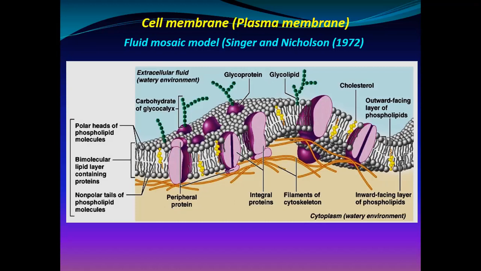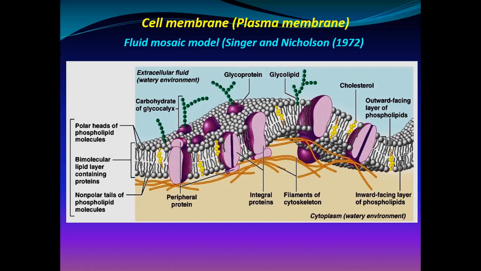Why do we call it a fluid mosaic model? Because these components can move from one place to another. And then you can see this bilayer, where these proteins are embedded. When the proteins are embedded, it has a mosaic appearance.